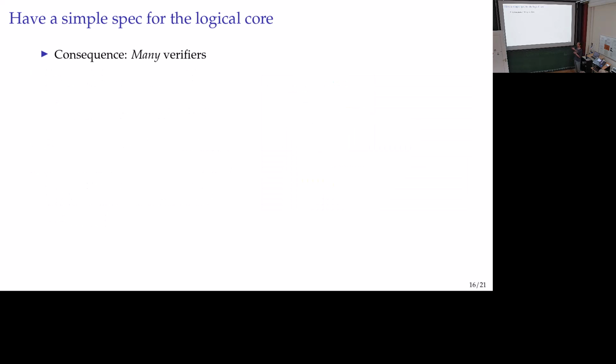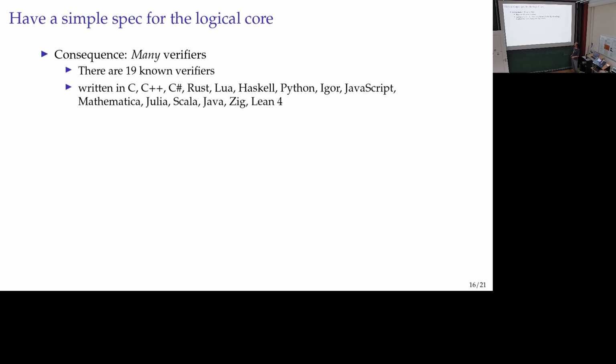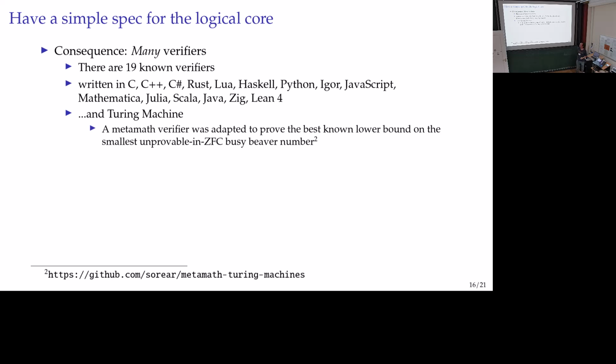One of the consequences of this is that there are many verifiers, a lot. There are 19 known verifiers in almost as many languages. There's even one written as a Turing machine, which I think is really awesome. How many states? I think it's about 2,700. If you try compiling anything into a Turing machine, it's quite difficult.